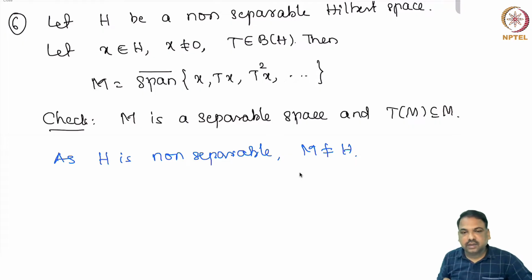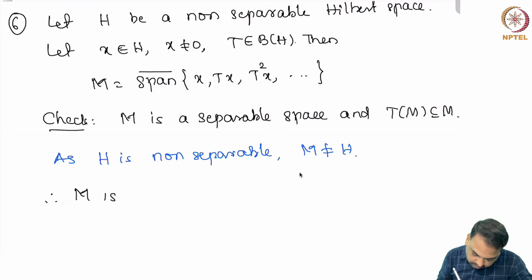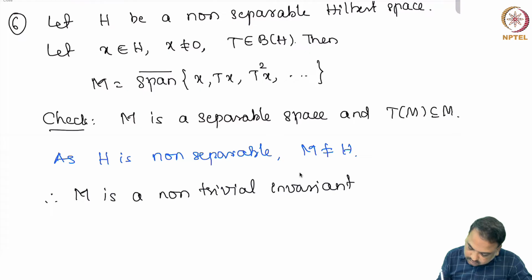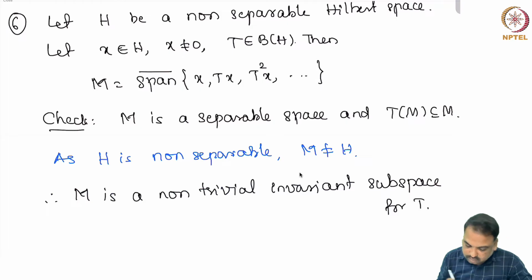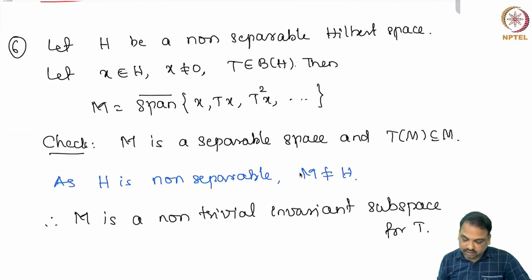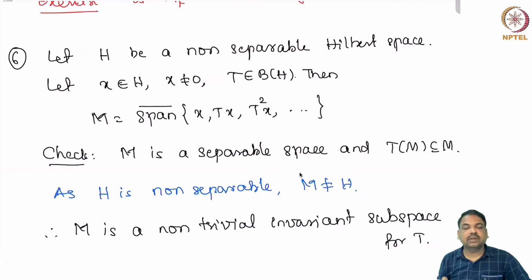So M is a non-trivial invariant subspace for T. So we have shown that given any bounded linear operator on a Hilbert space H which is infinite dimensional, because we are assuming that H is non-separable, M defined in this way is an invariant subspace which is non-trivial.